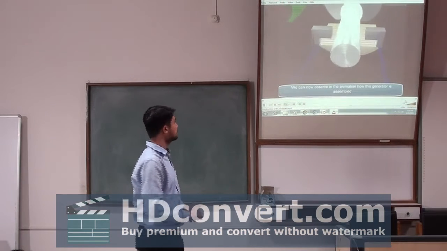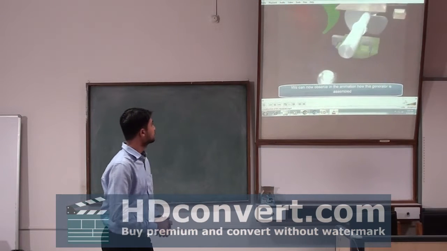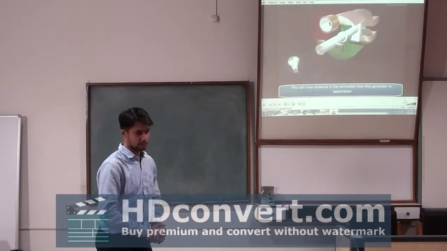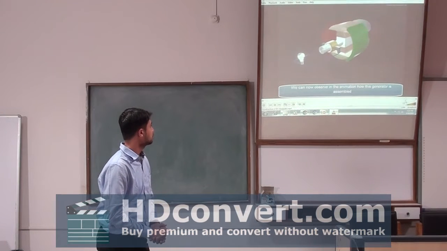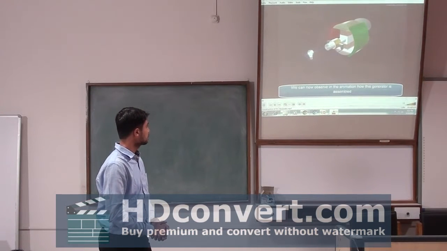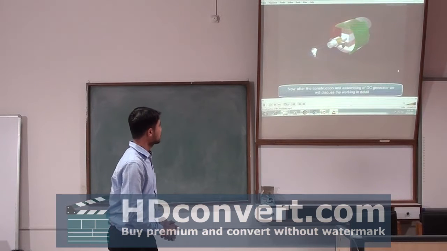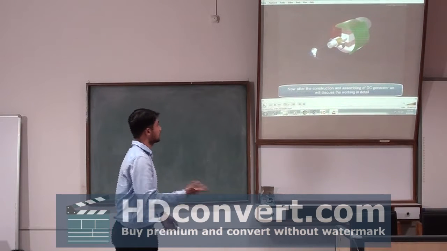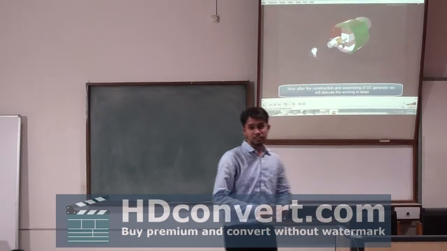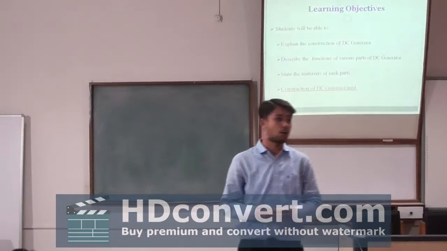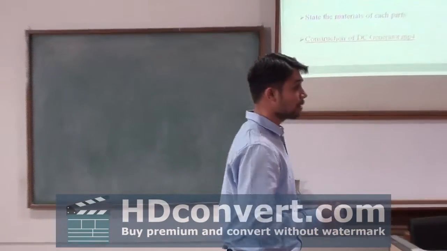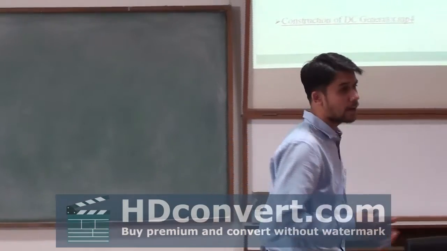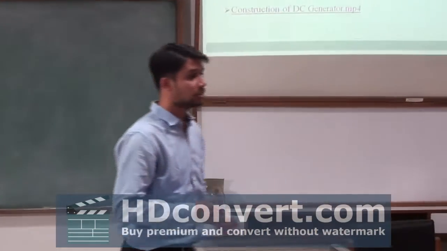We can now observe in the animation how this generator is assembled. Now, after the construction and assembly of the DC generator, this is just a basic idea of how a DC generator operates with all the parts connected with each other.